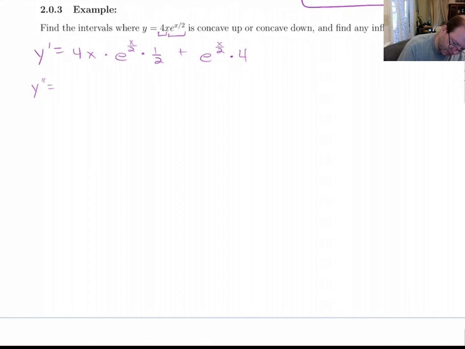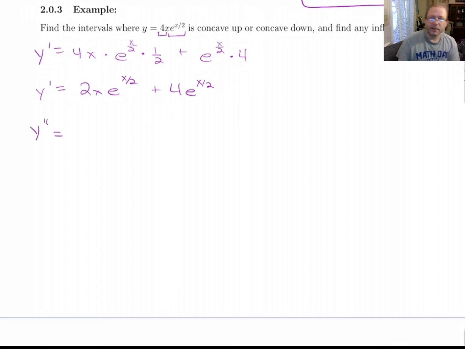Actually, before I even do that, I'm going to write this. Y prime is 4 times a half gives you 2x e to the x over 2, then plus 4 e to the x over 2. Now that I've got that, I can take the derivative of that easily to get y double prime.